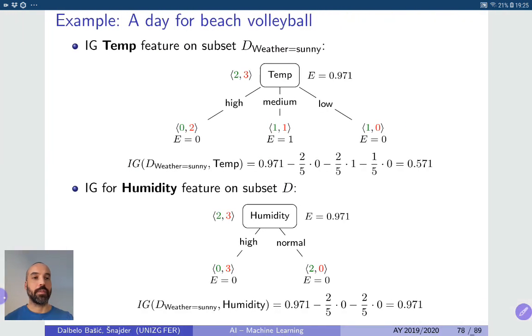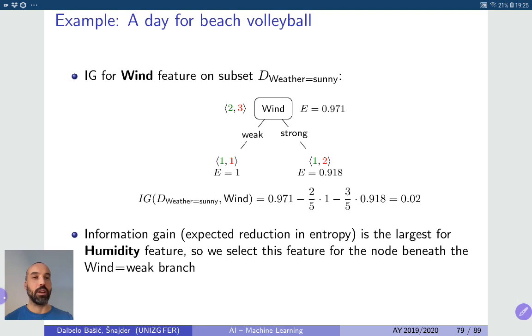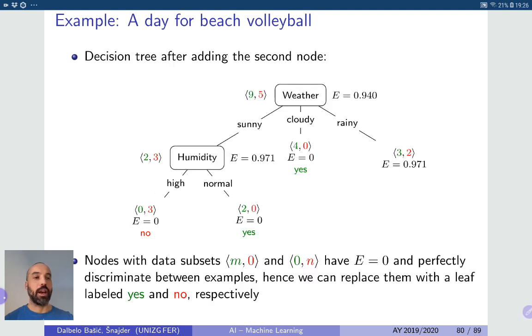Okay, sorry about this. Okay, so yeah, this is then how the tree looks, right? We've chosen weather for the root node, and we were now looking into this node, and here we've just chosen humidity to be the feature for that node.